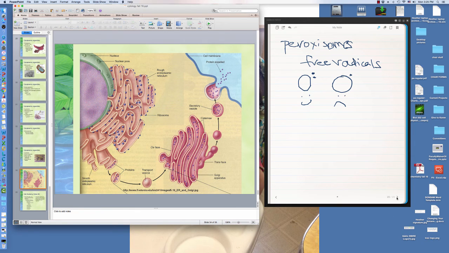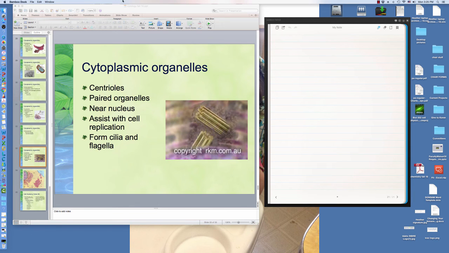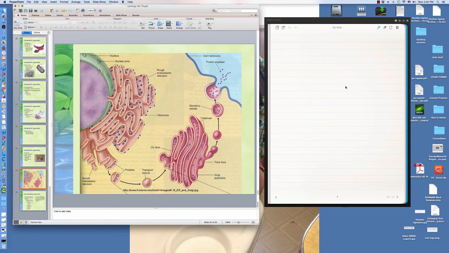So the last bit I want to review here, talk about, is all the organelles that are involved in protein function and transport. So just to refresh your memory about this, proteins themselves are made on the ribosome.